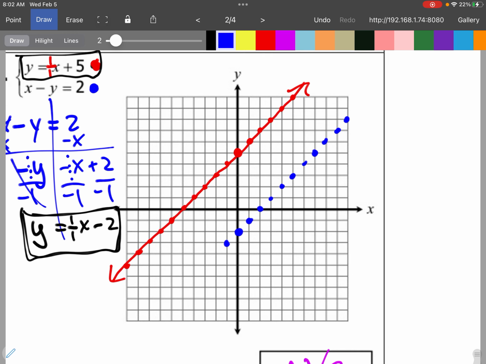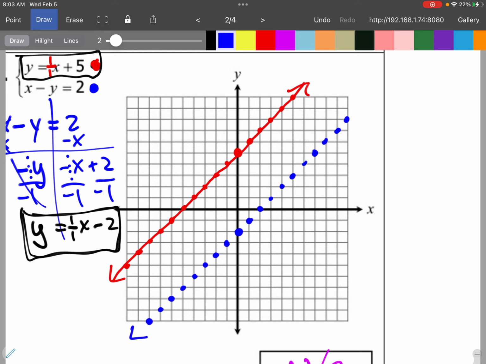When the slopes are the same, but the intercepts are different, you're going to have lines that never cross, all right? Never in their history will they cross each other. This is called a no solution. As you can see, there is no point of intersection, okay? There is no point of intersection.